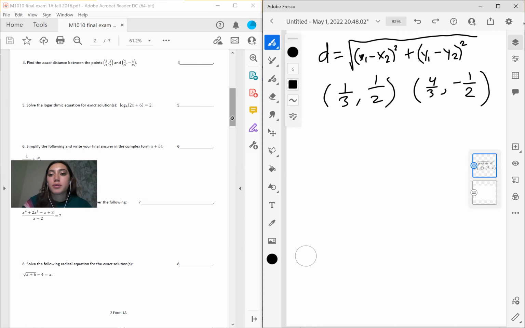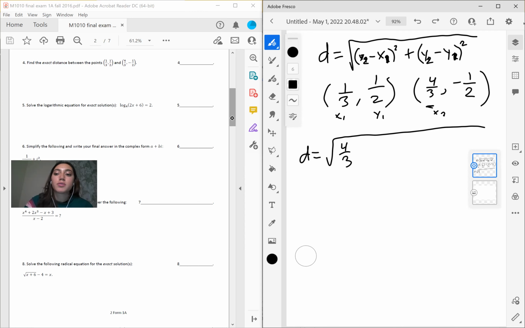All right. So that would be distance equals square root of 4/3, so x2. And really, this is whatever order you want your points in. You just have to make sure that it's the same order. So if this is x1, this has to be y1. Okay. x2, and then this has to be y2. But if you had it like this, and this was x2, this had to be y2, and this could be x1, y1.